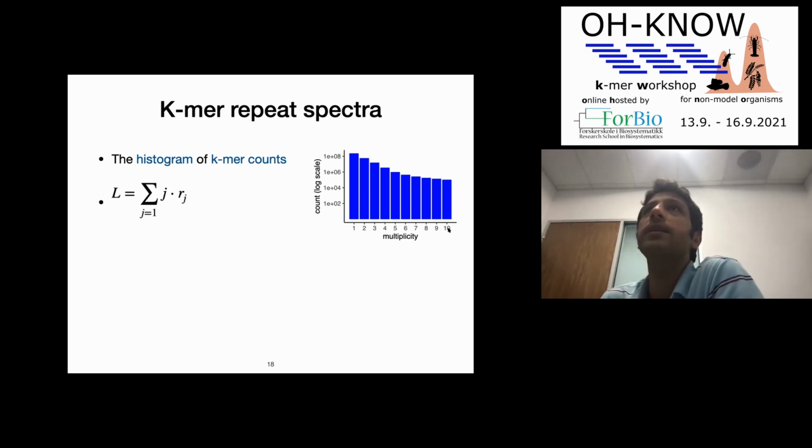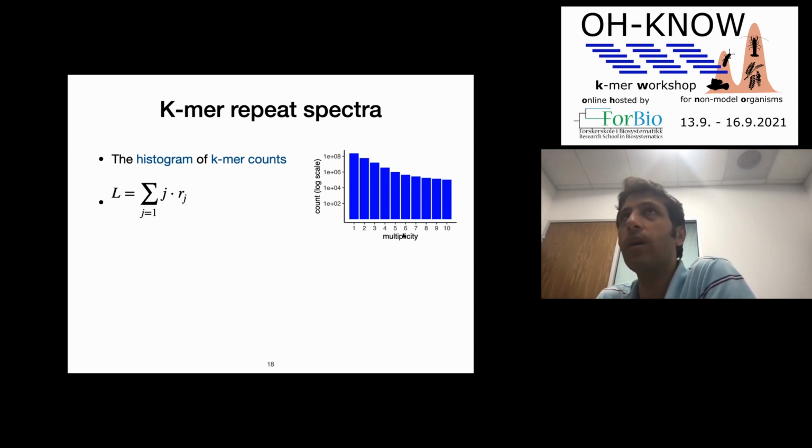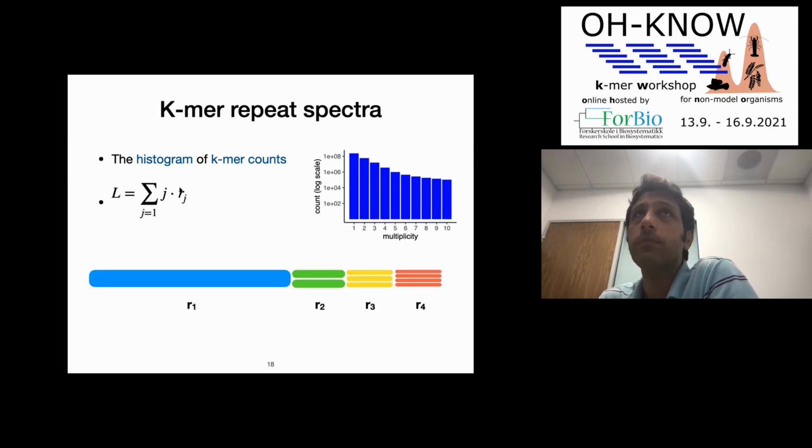Now, if you have this repeat spectrum, your genome length is basically the y-axis multiplied by the x-axis, summed over all values, right? So how many times you have seen something: how many of the k-mers are repeated once?